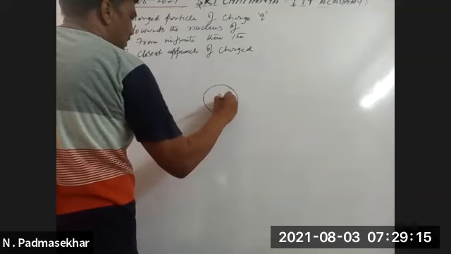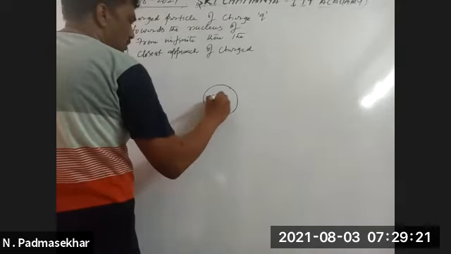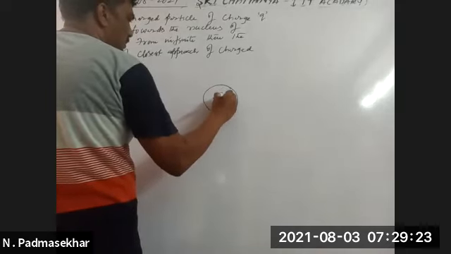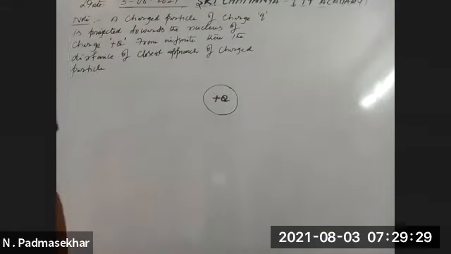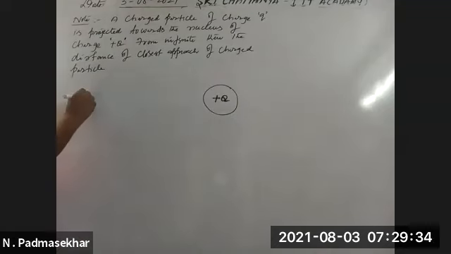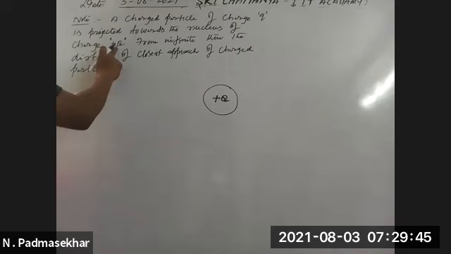The charge of the nucleus is plus Q. A charged particle of charge Q is projected towards the nucleus of charge plus Q from infinity. Initially the distance is infinite, so this is the infinite distance.